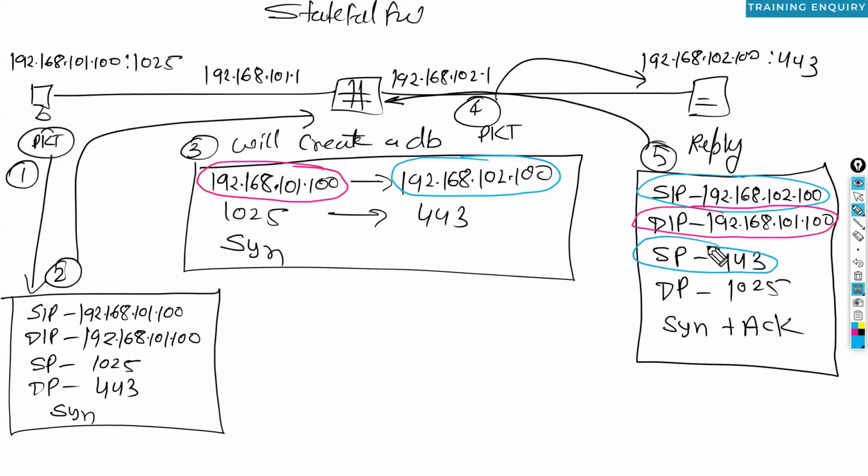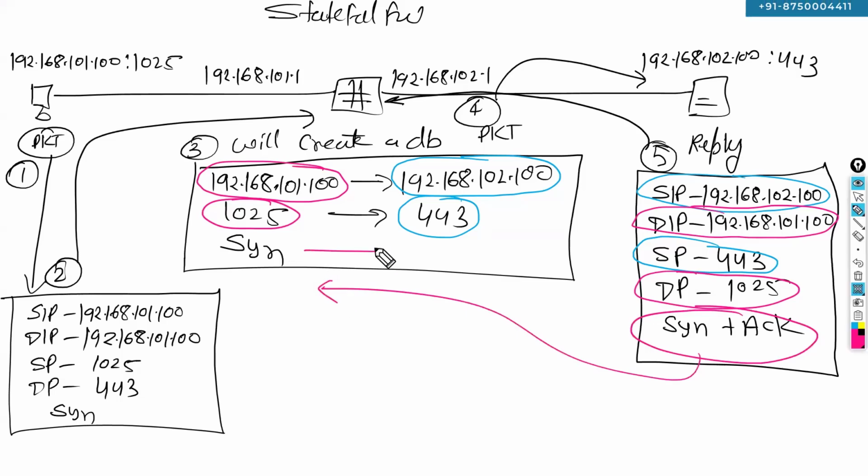Which port number is coming? 443. Yes, matching. And it is going to port number 1025. Yes, layer 4 information is also matching. What is coming? SYN plus ACK is coming. Okay, did we send a SYN? Yes, the first SYN was sent from client to server. Now the server is sending SYN plus ACK.